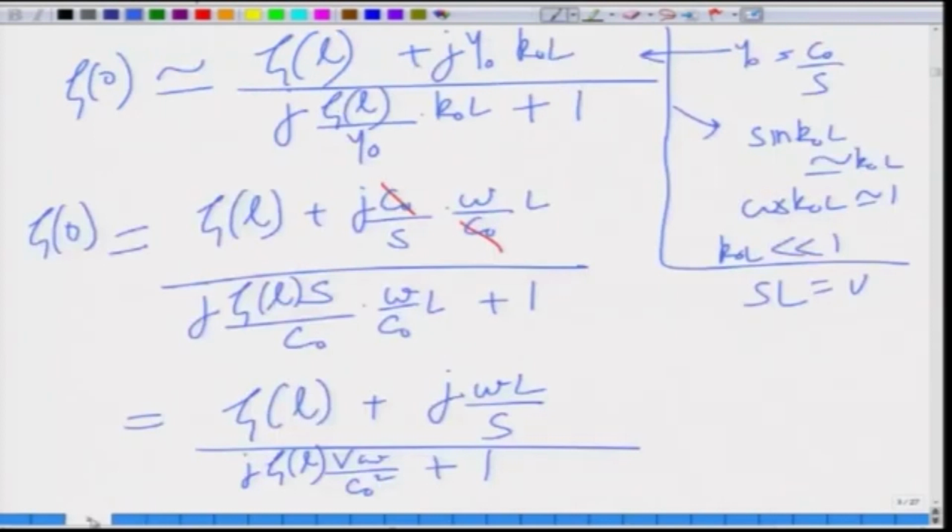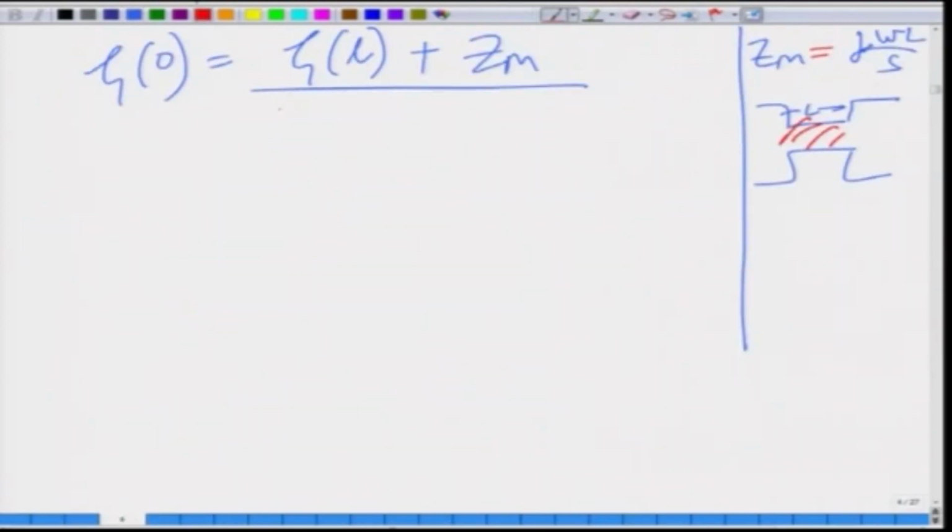Similarly, what is this particular term? It is ZC. Again, recall that ZC is the compliance, C naught square.